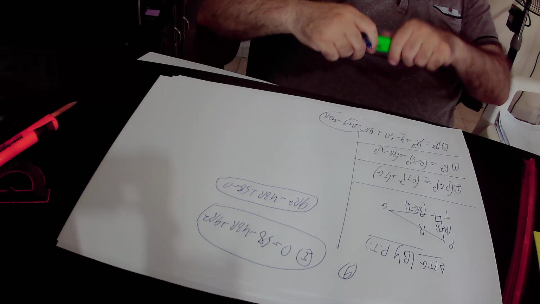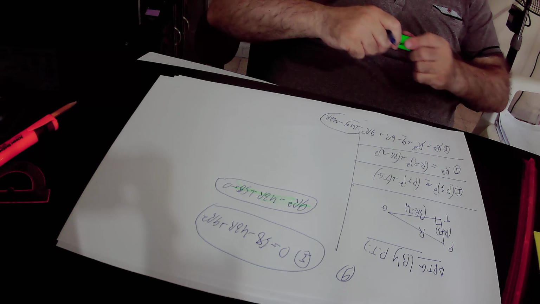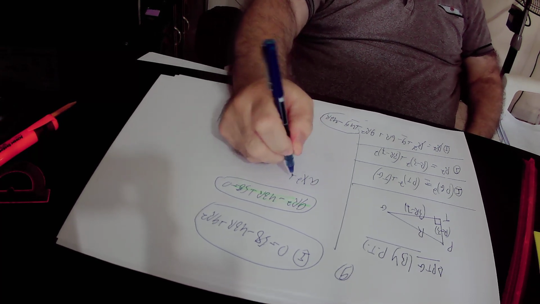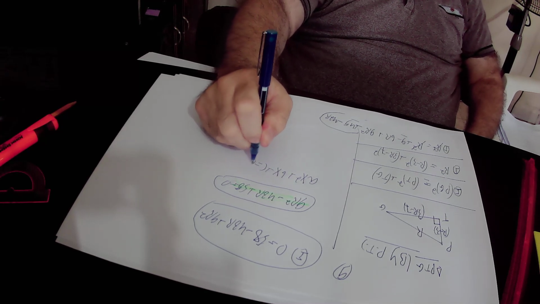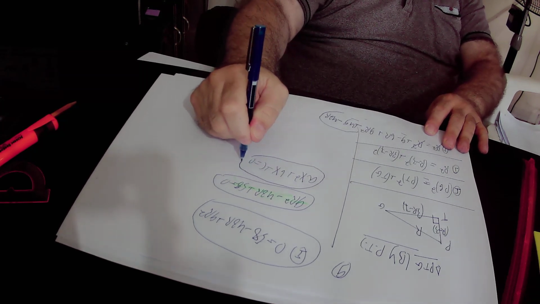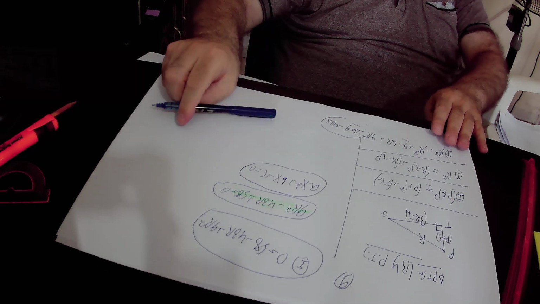The general formula for a quadratic equation is ax squared plus bx plus c equals 0. A, b, and c are the coefficients of the quadratic equation, and x is the variable that we are looking for.